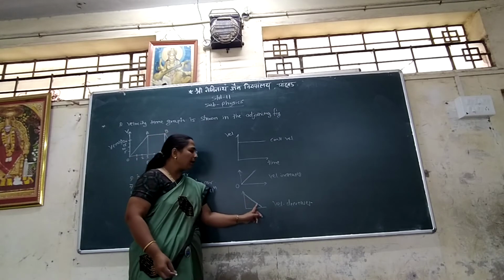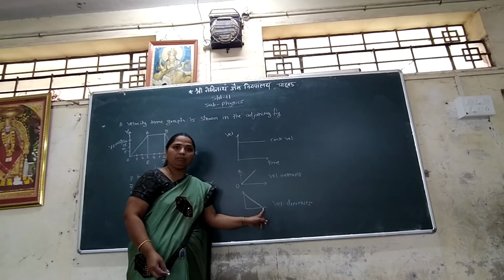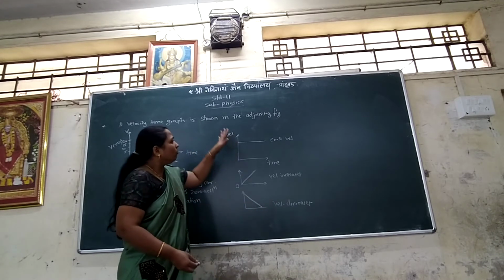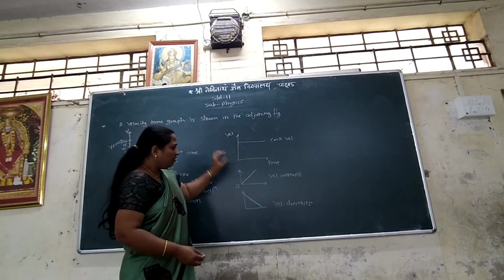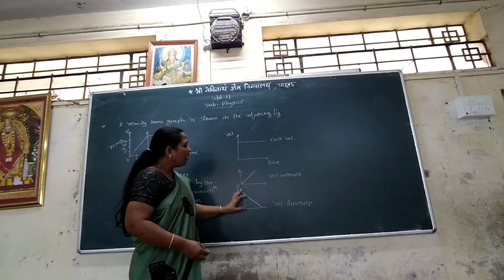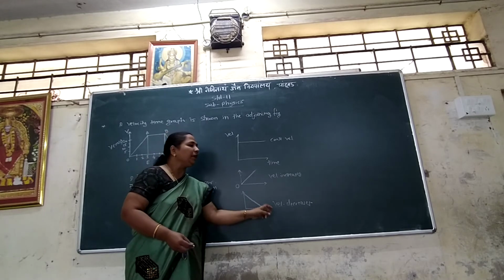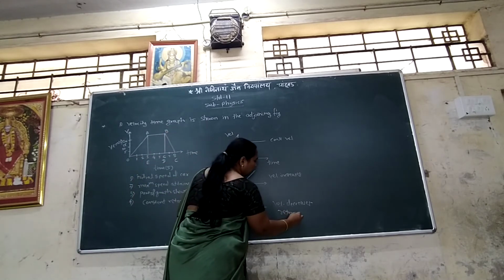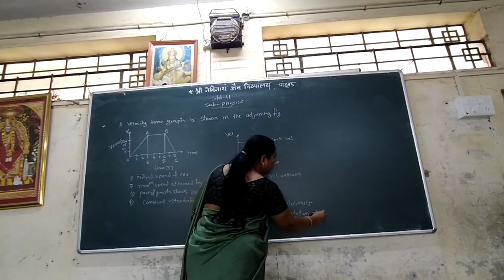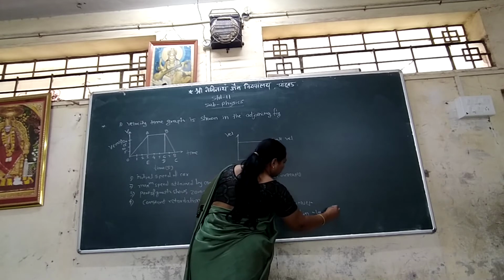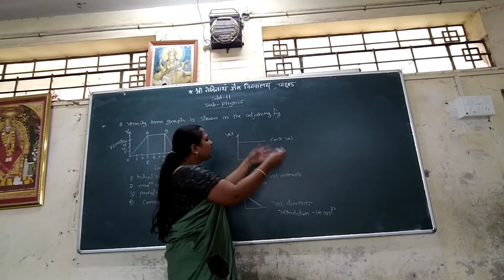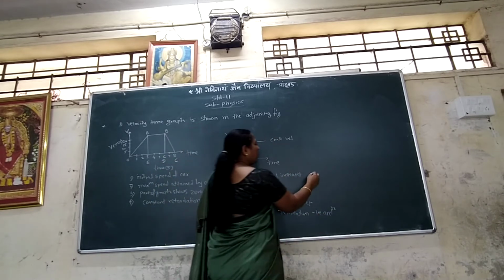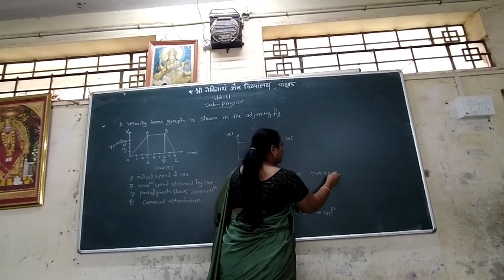Therefore, that graph can be represented like this. Decreasing velocity is known as retardation, meaning negative acceleration. Velocity increasing with respect to time means positive acceleration.